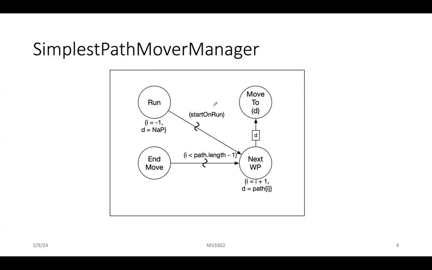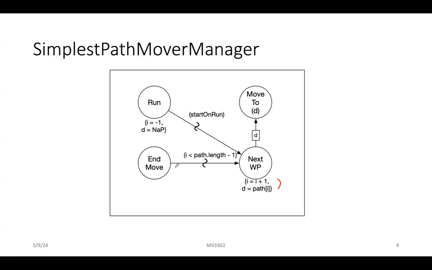Then there's a start on run parameter, which is a Boolean that says whether we should do this right away, when it starts, or not. If that's true, then we have an event next waypoint, which increments our next index, chooses our destination based on what the path is, and then schedules a move to passing that destination.